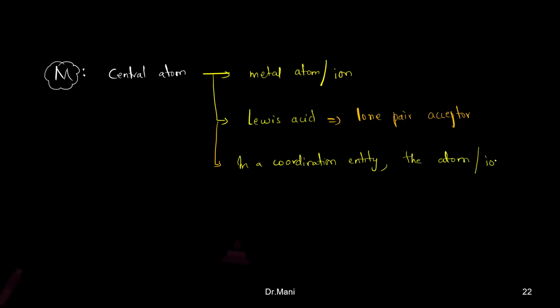It is the atom or ion to which a fixed number of ions or groups are bonded, or bound, in a defined geometrical arrangement.